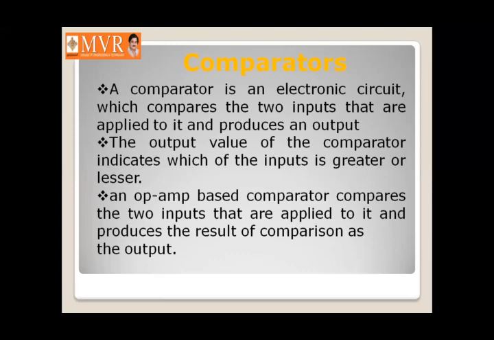Up to now, in the applications we have discussed, the op amp works in closed loop configuration, because the feedback path is provided from output to input, whereas in the comparator application the op amp operates in open loop configuration. That means there will be no feedback in this application.